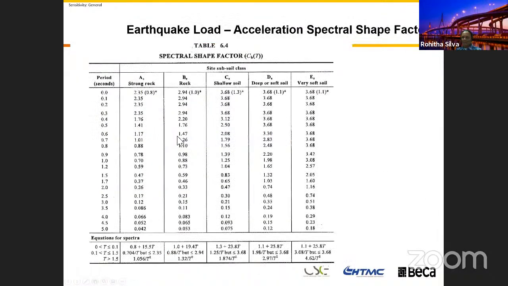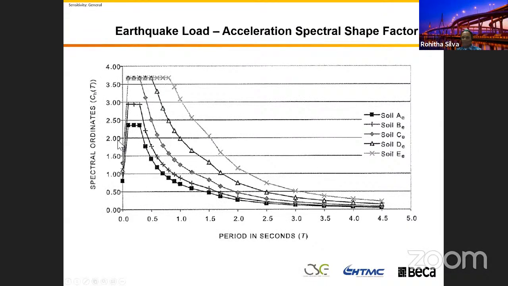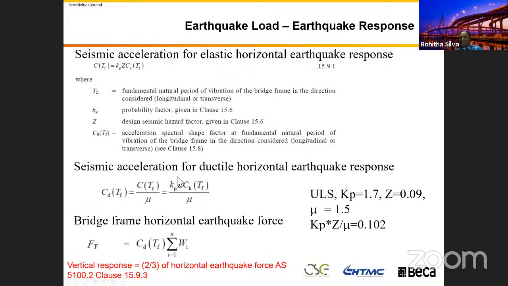Then this diagram follows the same shape, but when you convert it into a percentage of the actual acceleration, you can convert that into a force, because acceleration times mass gives you force.